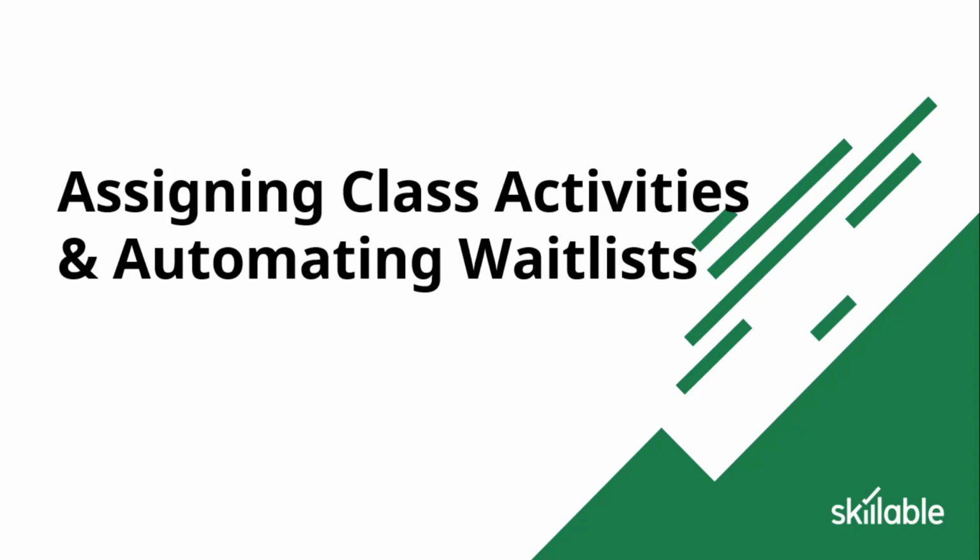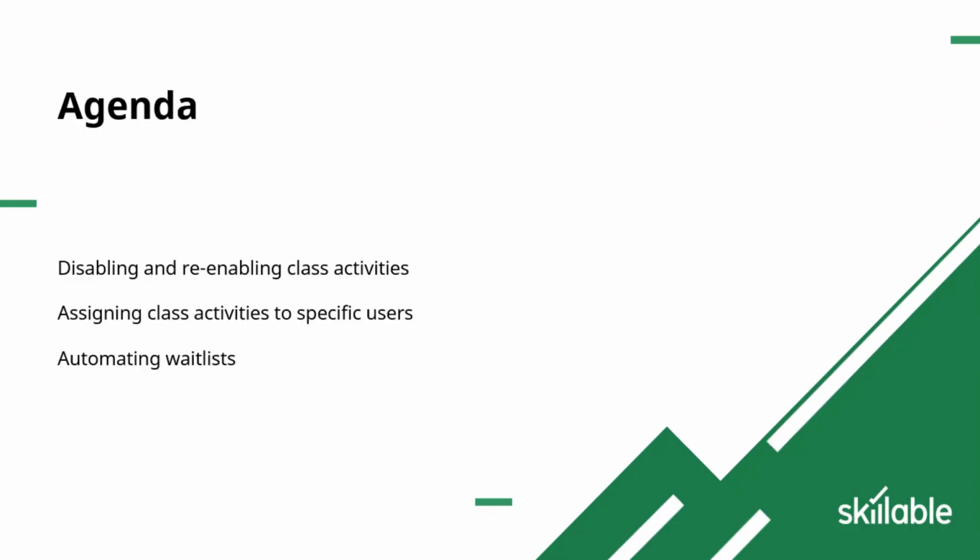Assigning class activities and automating wait lists, and maybe a couple extra things too. Our agenda is to talk about some of our new features and an old one as well. The first one we'll be talking about is how to disable and re-enable class activities.